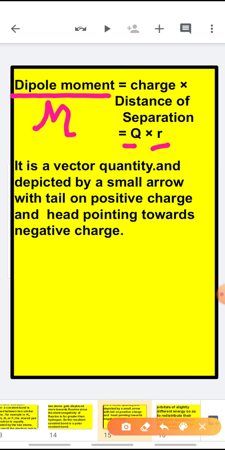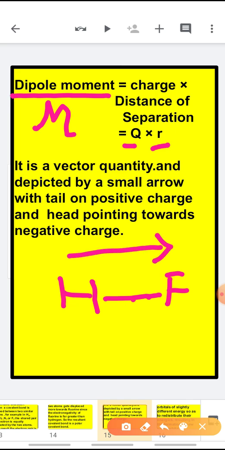For example, in the case of hydrogen fluoride, HF, this is the bond. Here is the shared pair of electrons. Now how will we show the dipole moment? This is the direction of the dipole moment. That means a small arrow with the tail on the positive charge, this hydrogen having the positive charge, and the head on the negative charge, where fluorine has the negative charge.